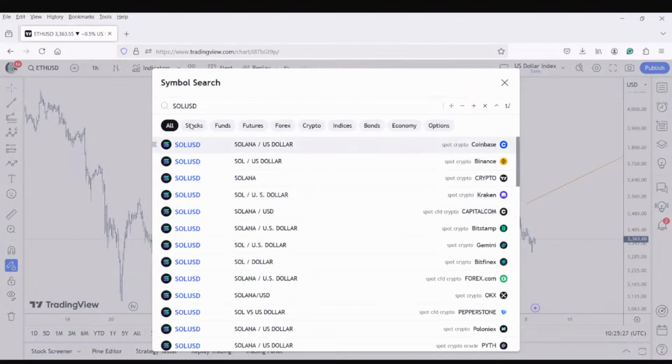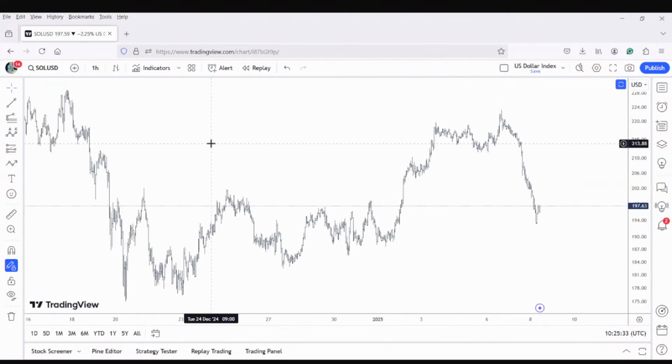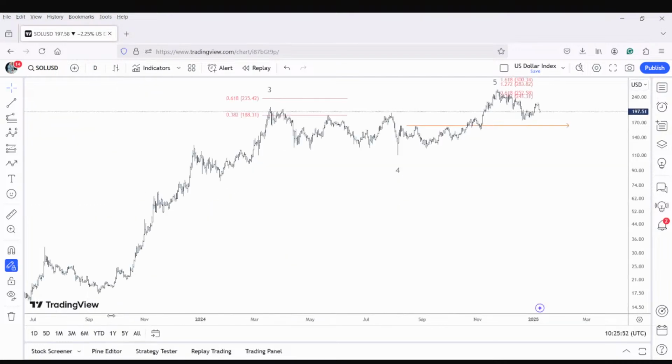Solana, again, a mirror image of Bitcoin, I would say. That's the boundary which is being worked upon. Bottom line, stop loss is going to go around 175. For those who are joining us for the first time, all three charts, Bitcoin, Ethereum, and Solana, are just about to complete their last wave, that is minor wave 5.